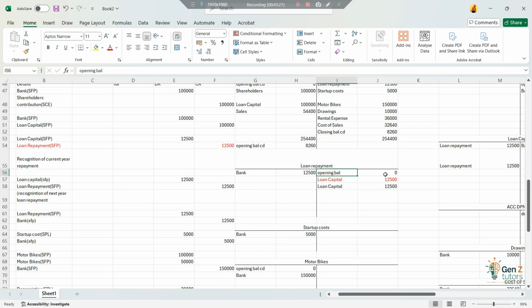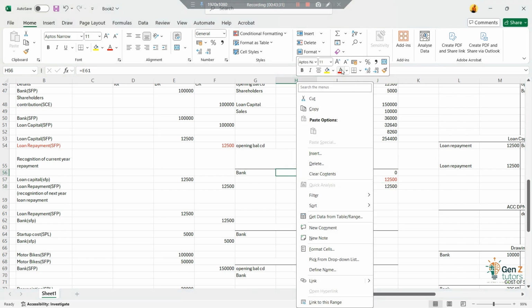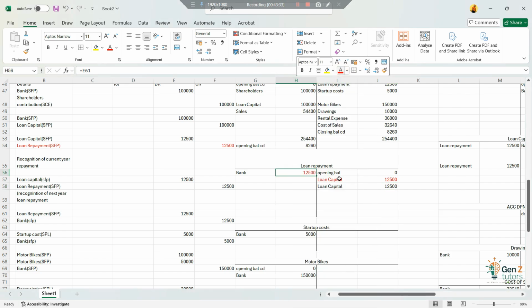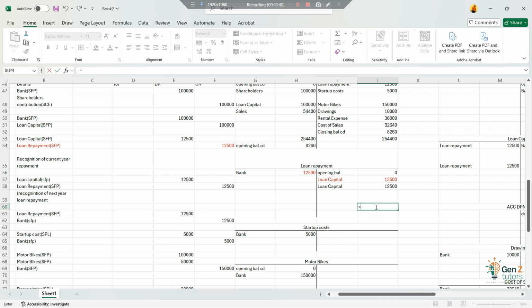And then when you go into loan repayment again, you had an opening balance of 0, and then the capital portion of the loan that we are paying this year is here. The one that we're going to pay next year is here. This one also, the red one, is part of the capital portion that we are paying this year, which we are paying with bank. And then you're going to sum everything here, and it's going to be equal to this.